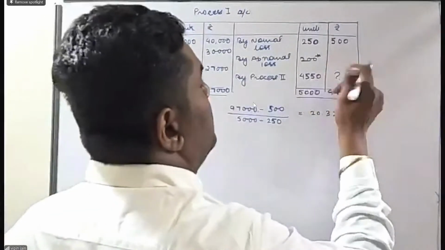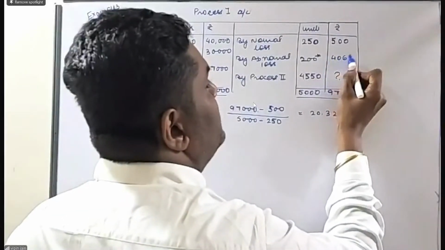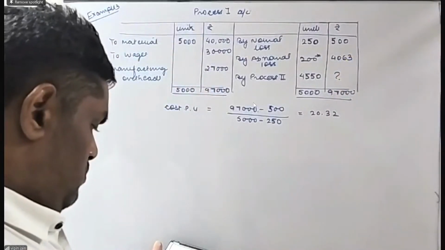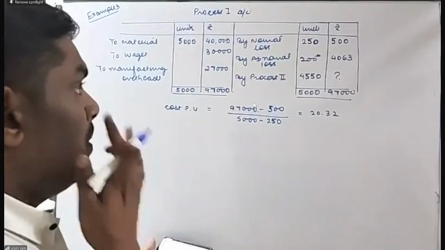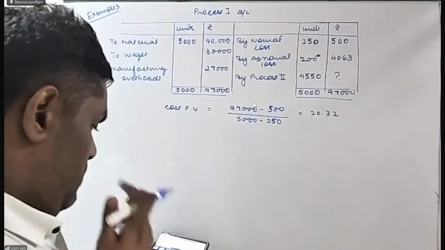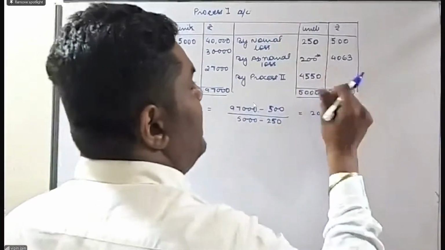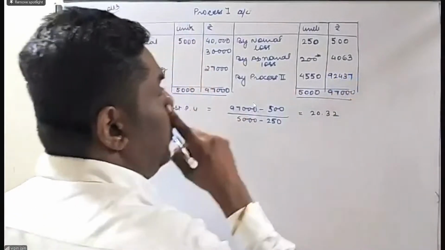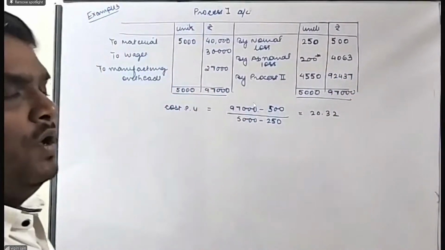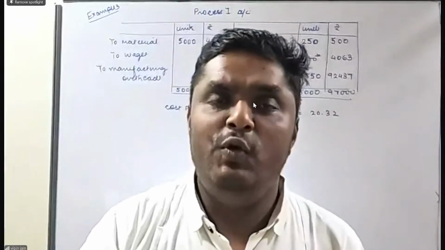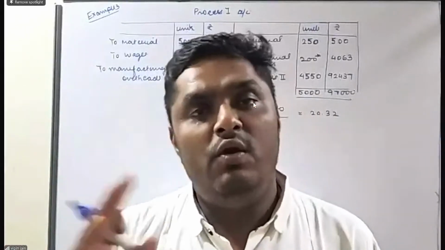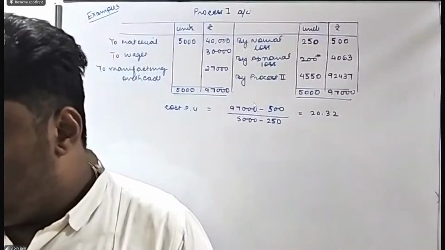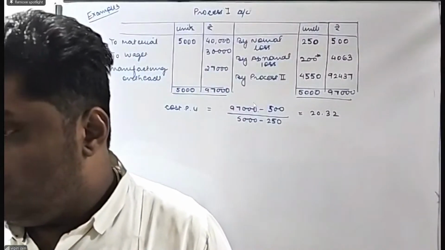This will be 4063. This will be 92,430. So this is how we have to prepare the process account when normal loss and abnormal loss is given. Very good, Shreya.